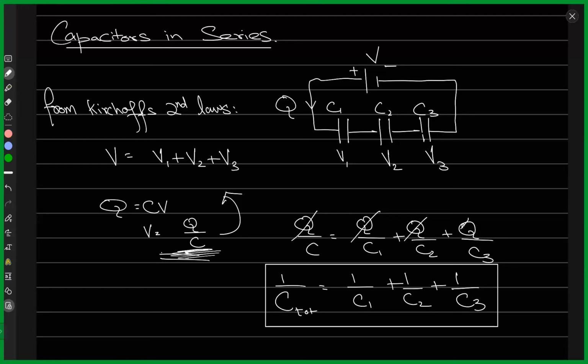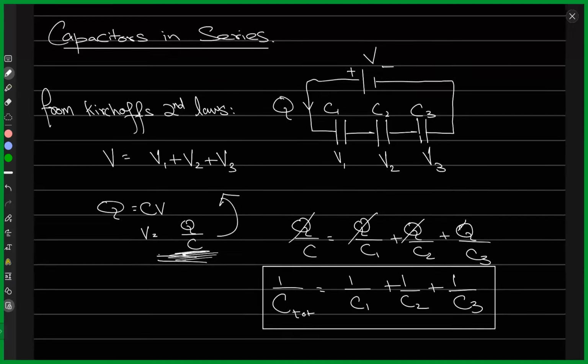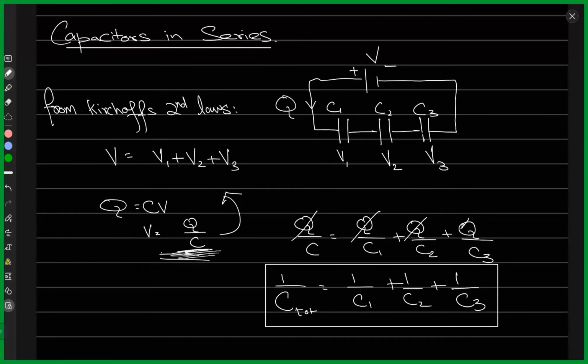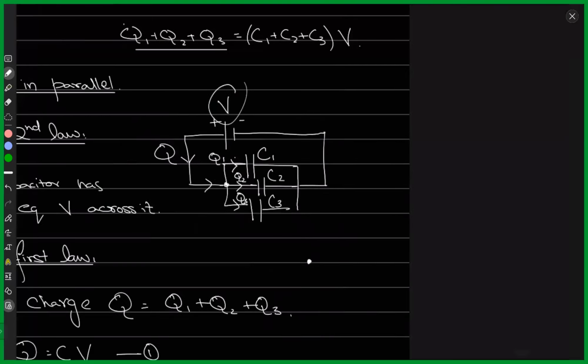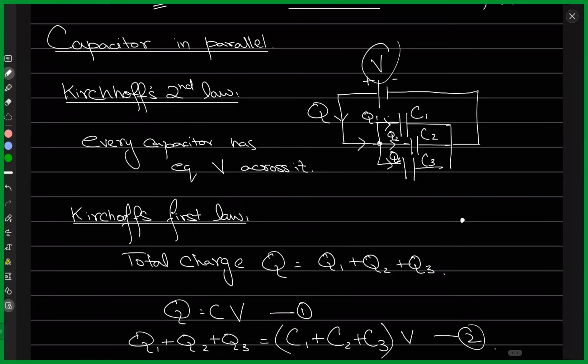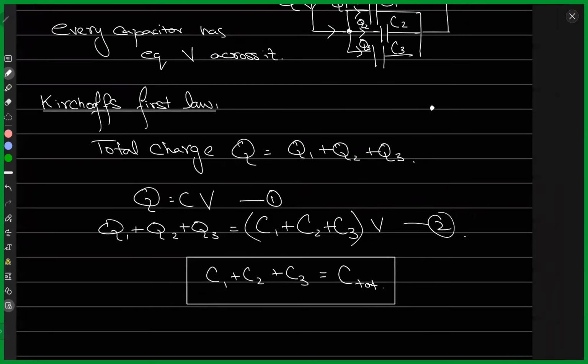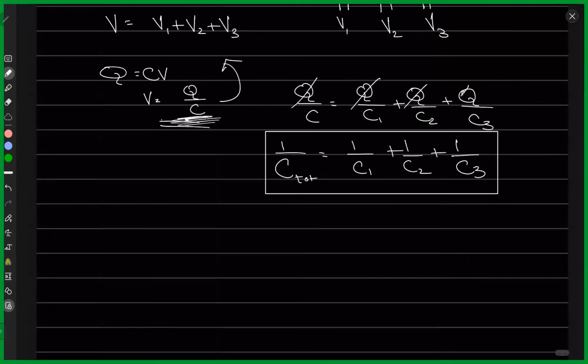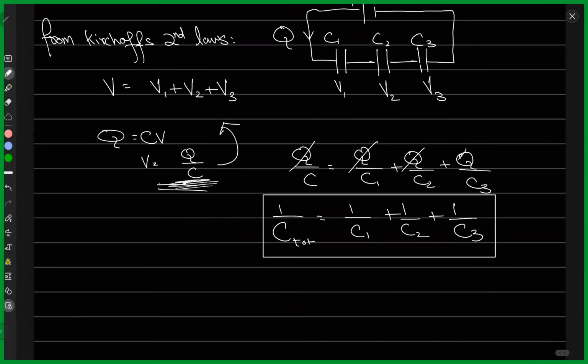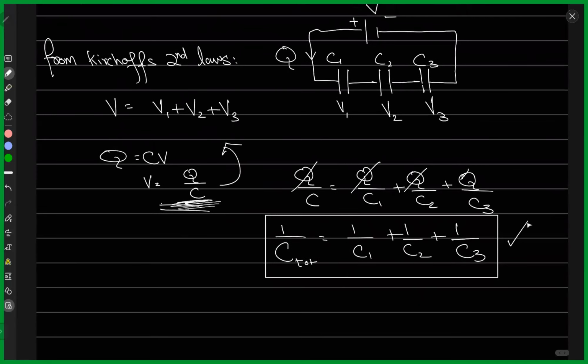So if you look at the parallel arrangement of capacitors, which was this equation, the combined capacitance is larger; in series, the combined capacitance is smaller than the individual capacitors. That's what this equation is telling you.